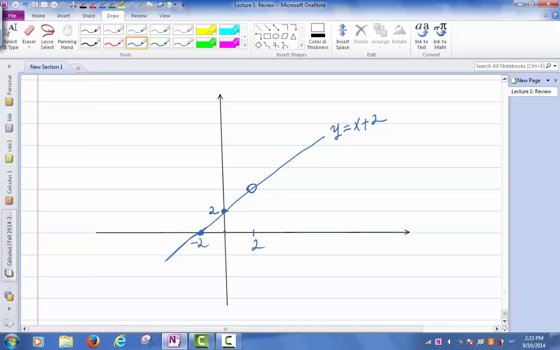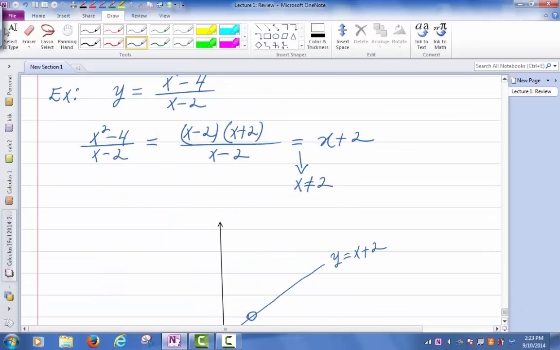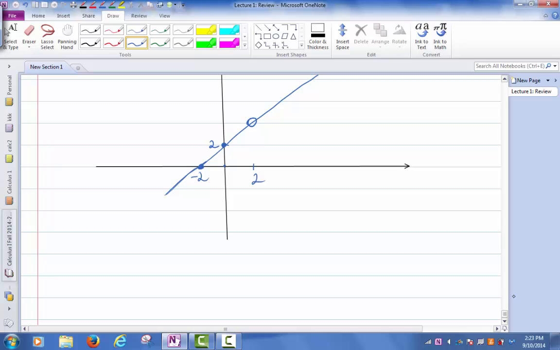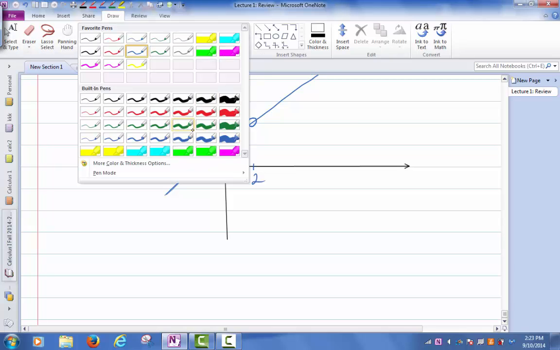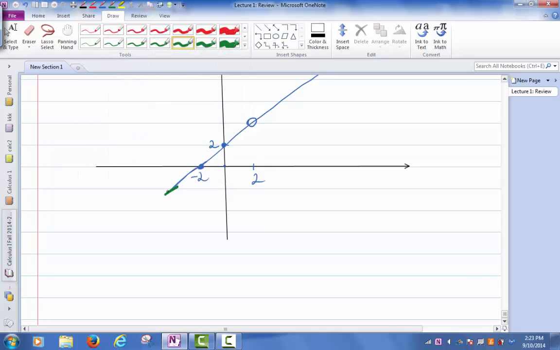I guess let me use a different color here, green. So this is the graph of x squared minus 4 over x minus 2. Same as the graph of x plus 2, except there is a hole at 2. Okay, so we are done with review.